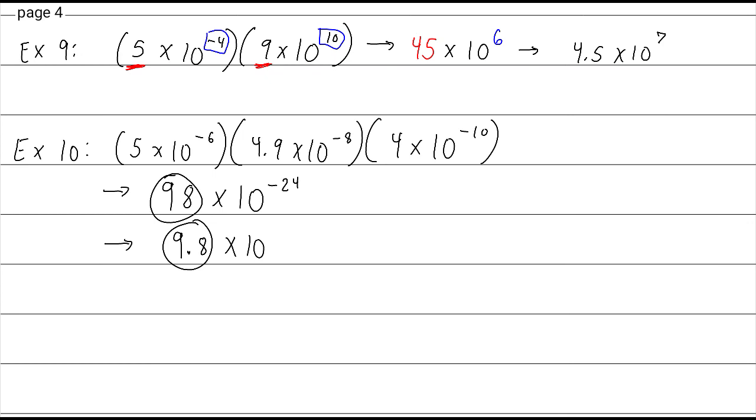In order to go from here to here, I made the number in the front smaller. 98 turned into 9.8. I made it smaller. I need to compensate for the fact that I made it smaller. So that means I need to make my exponent bigger. I need to make it more positive. So I'm going to add 1 to the exponent. Negative 24 plus 1 is a negative 23.